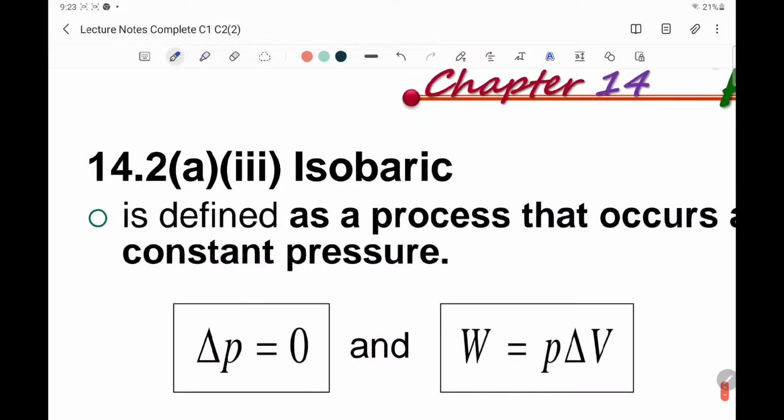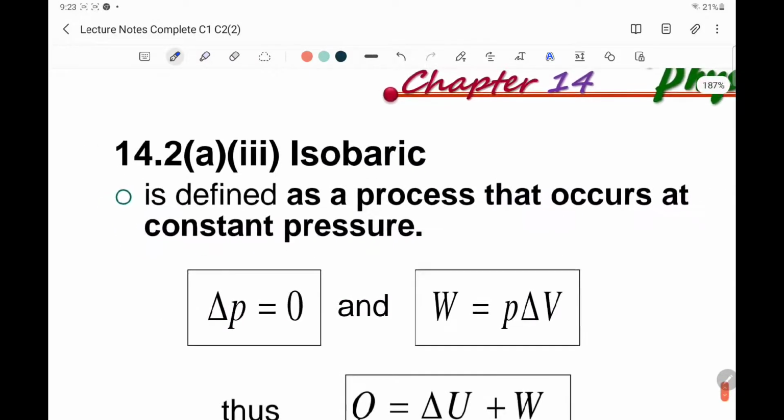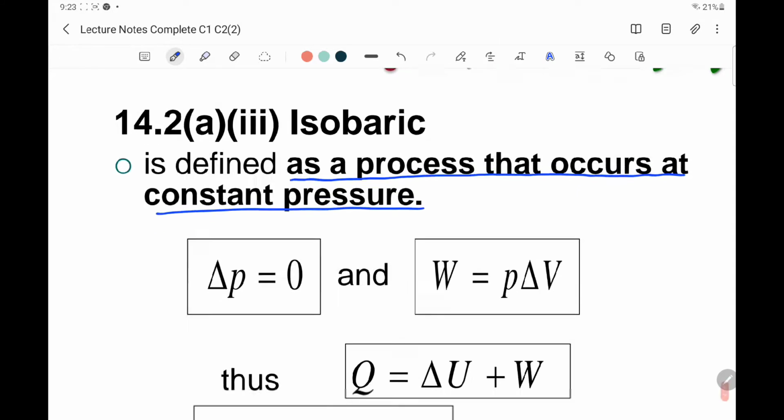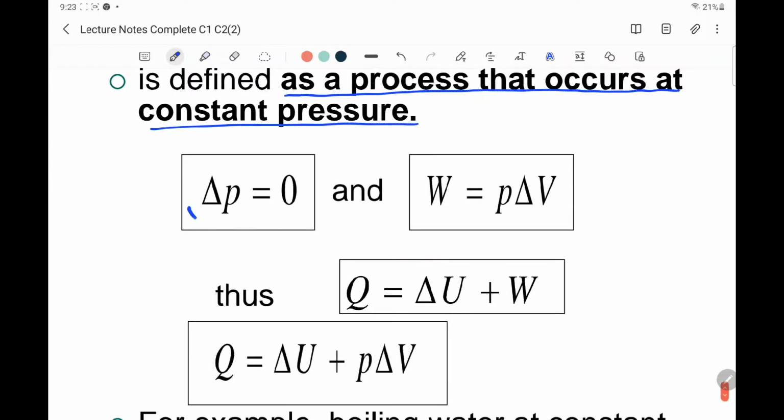14.2a3 Isobaric process. Isobaric process is defined as a process that occurs at constant pressure. Delta P is equal to 0. The work done W is equal to pressure P times delta V, the change in volume.